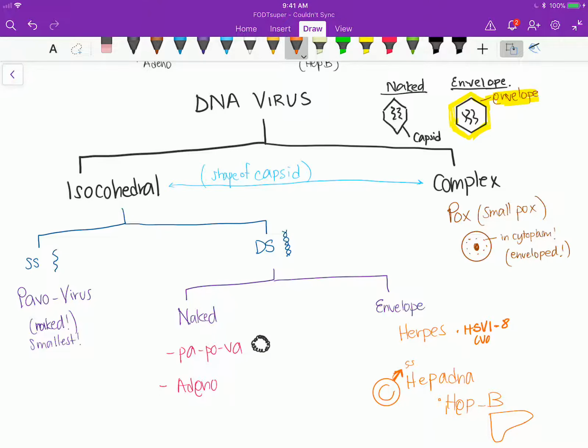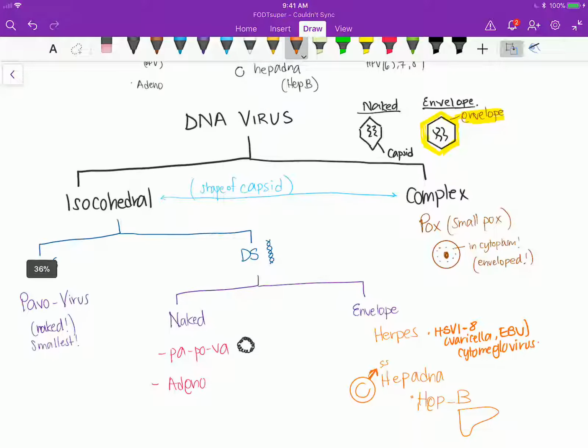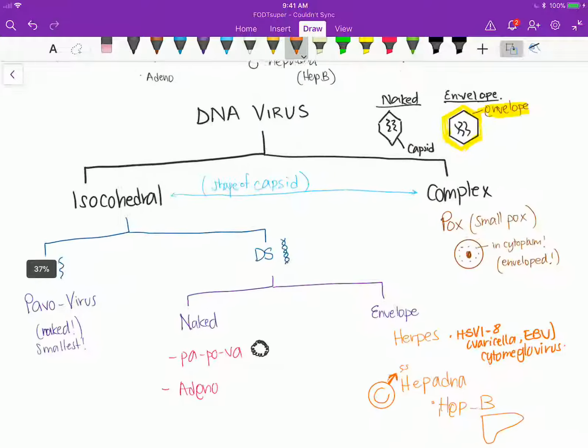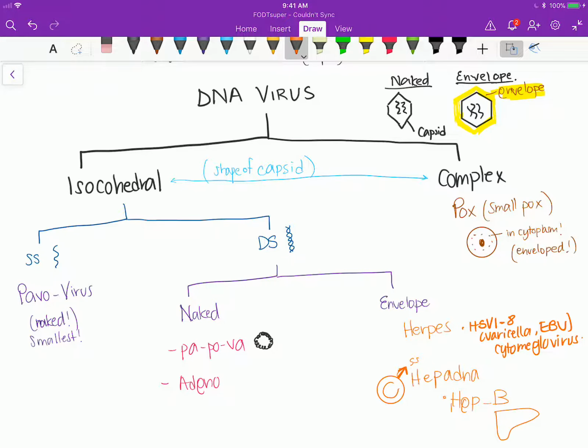And that includes obviously varicella, EBV, cytomegalovirus, and others. So this should give you a good idea of how to classify different types of viruses as you study. Good luck.